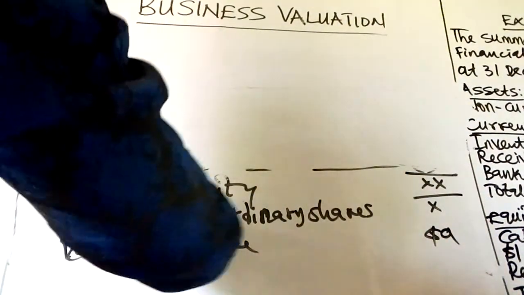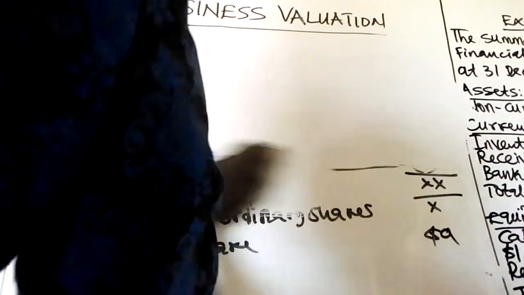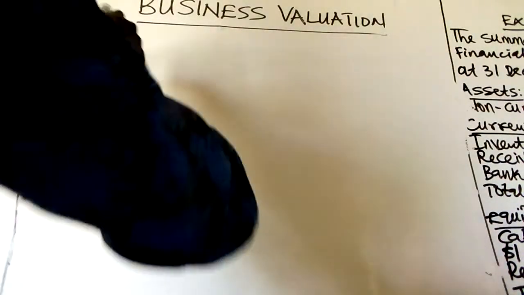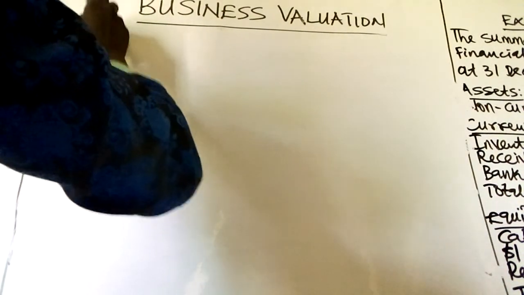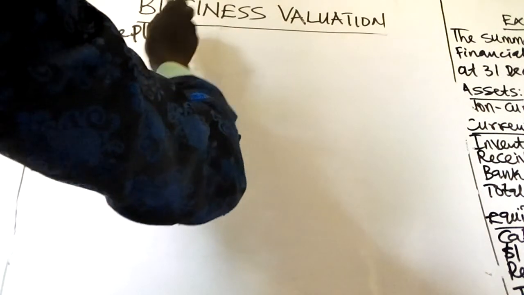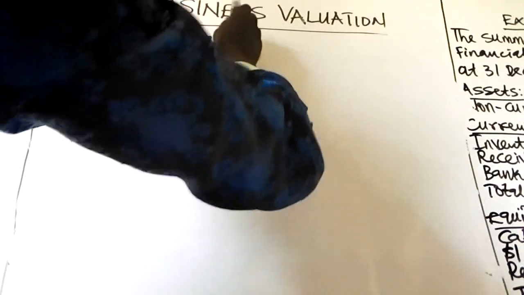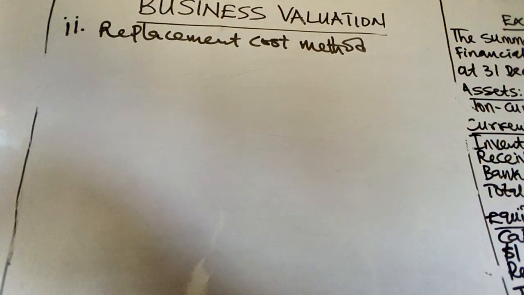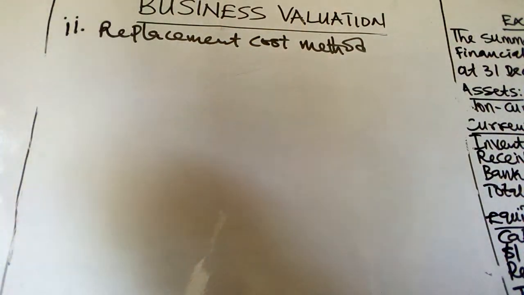The second method we are going to consider now is the replacement cost method. So that is under the asset-based method of valuing business.